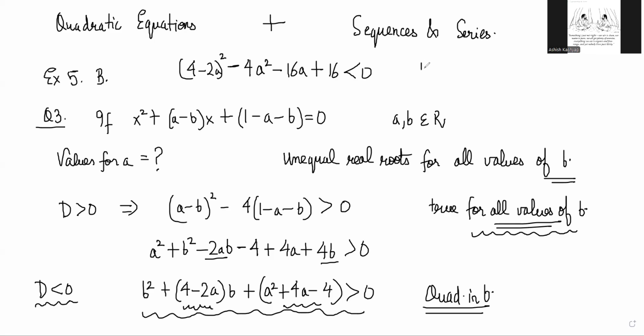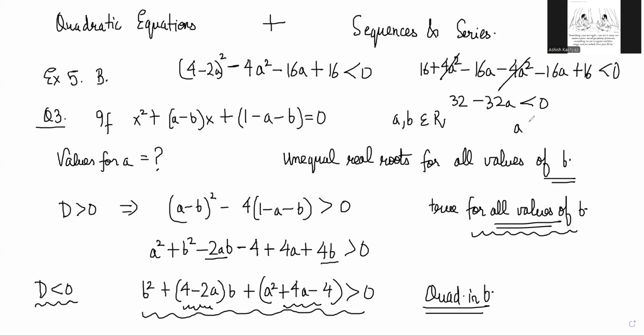So you'll get 16 plus 4a square minus 16a, minus 4a square minus 16a plus 16, is less than 0. 4a square gets cancelled. You are getting minus 32a plus 32 is less than 0. So 32 is less than 32a, so a is greater than 1.